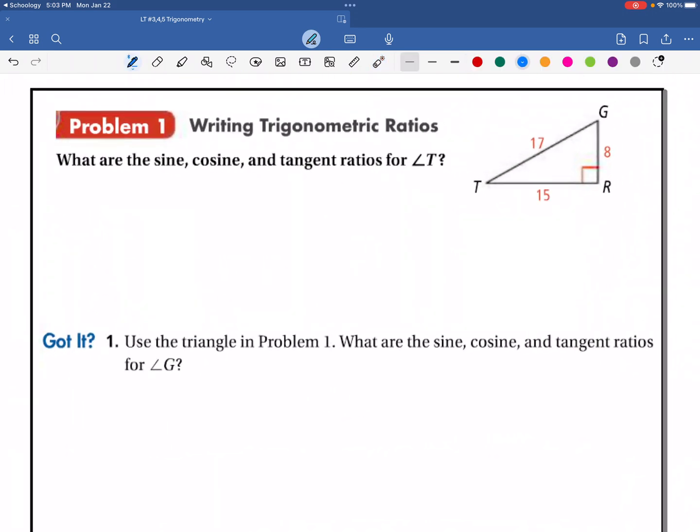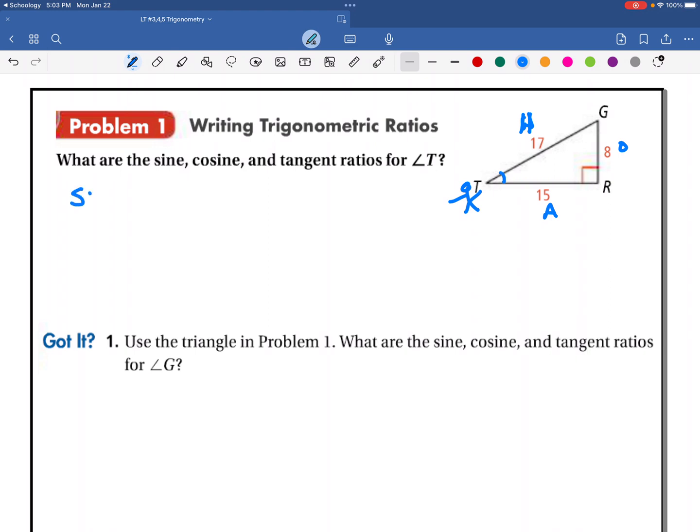What are the sine, cosine, tangent ratios for angle T? That tells us we're going to stand at angle T. If we're standing at T, then 8 is the opposite side, 15 is the adjacent side, and 17 is the hypotenuse because it's opposite the right angle.